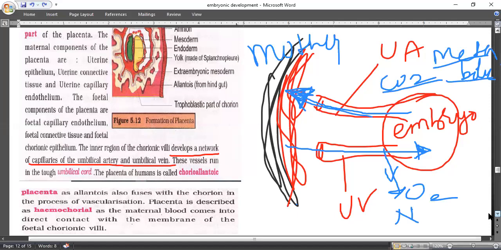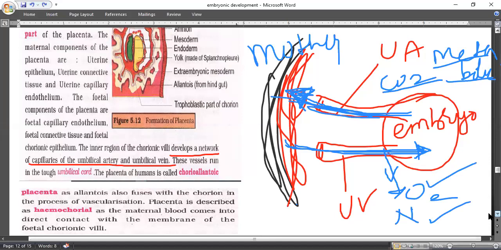Then the umbilical vein, which is coming from the mother, is rich with oxygen, nutrients, hormones, vitamins, whatever the mother supplies to the baby. You need to understand that difference. The umbilical artery has metabolic wastes because it is going towards the mother. The umbilical vein contains more oxygen because it is coming towards the embryo.